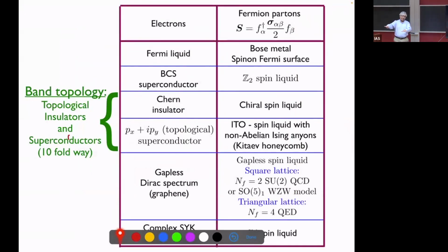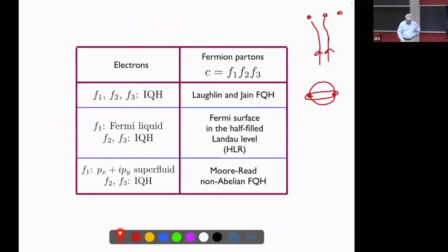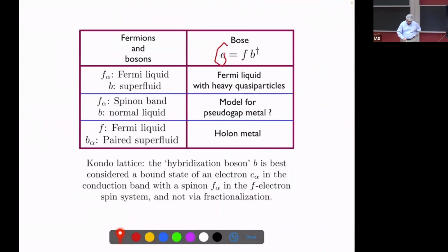And for that coupled system, there is a very beautiful theory, originally due to Coleman and others. And that's been very, very successful by introducing another one of these partons, this slave boson, or the hybridization boson. But what I want to say is it's not really a parton. The best way to think about it is that the spins have a spinon.